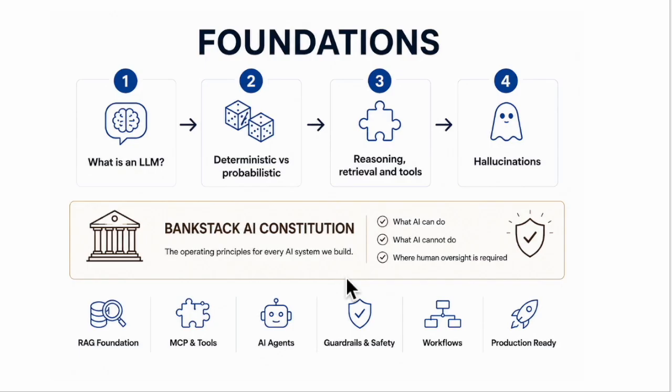We are going to cover four main areas that will frame every decision we make in this course. First, we will cover what is a large language model. Then we will move on to why AI systems behave fundamentally different from the deterministic banking systems we already have. Next, the three capability types that enterprise AI systems depend on.